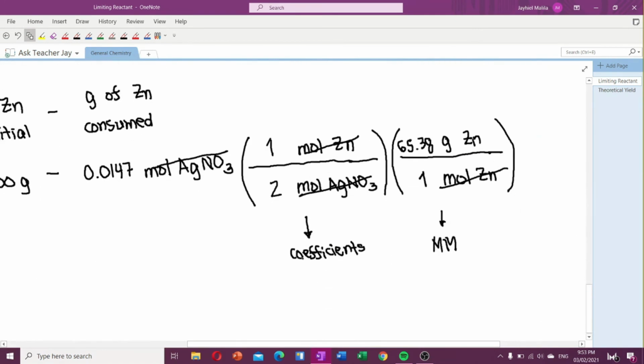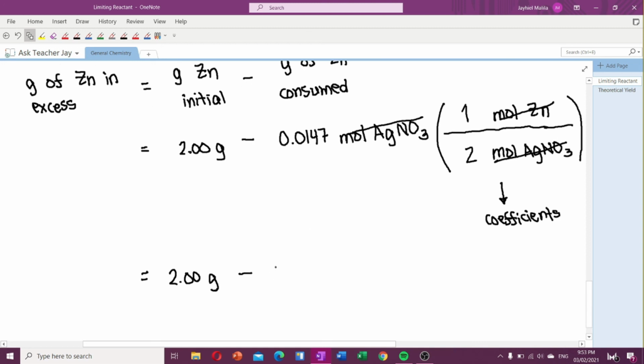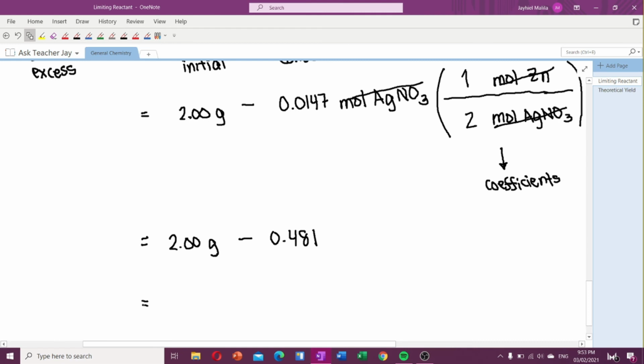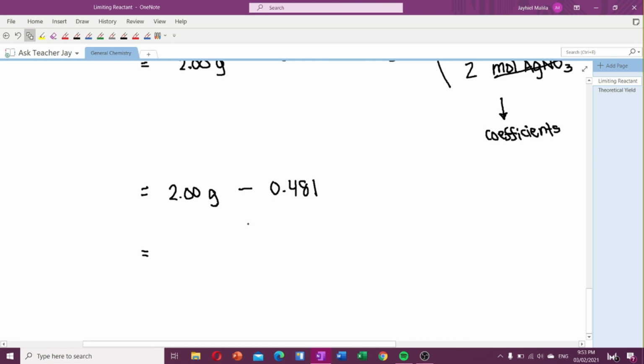So what we're going to do is rewrite the 2 grams and write our answer here. My answer after the calculation is 0.481. So we can now do the subtraction and determine the grams of zinc in excess. My answer is 1.52 grams of zinc in excess.